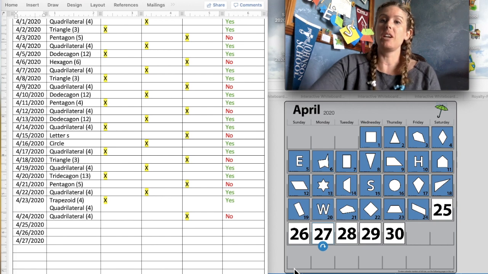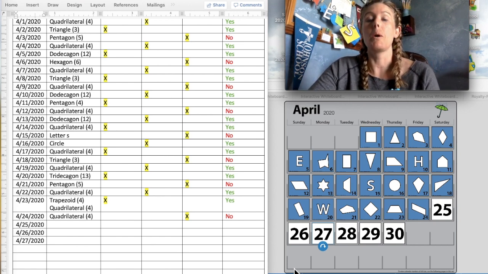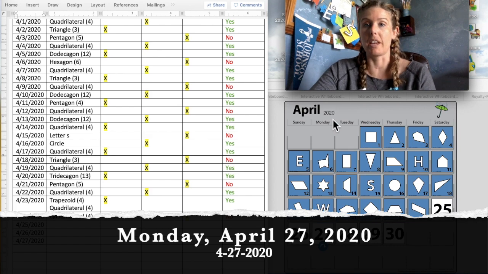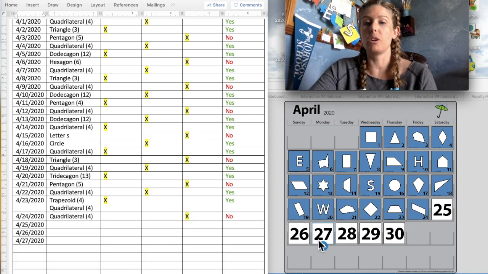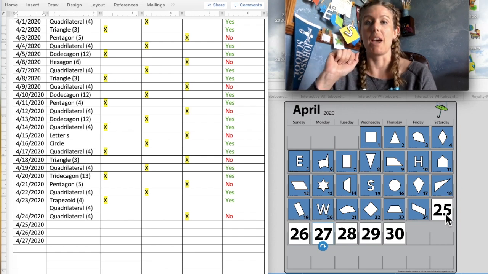We are going to catch up on our weekend today, but let's start off with our date for Monday. Today is a marvelous Monday. It is Monday, April 27th, 2020. So along with flipping over 27 today, 26 and 25, make sure that you have your pencil and paper today to follow along.